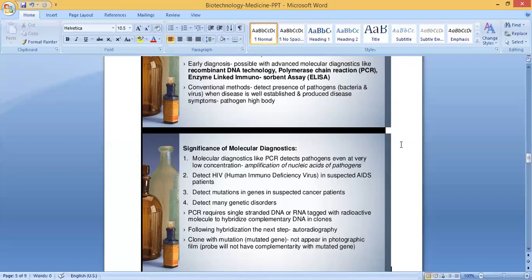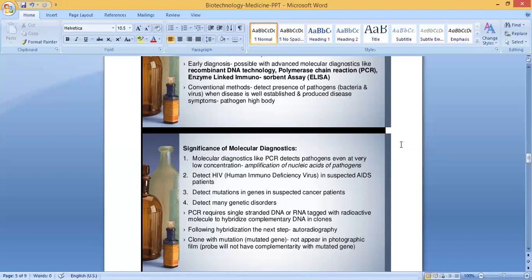Following hybridization, the next step is autoradiography. What is meant by autoradiography? It is a technique using X-ray film to visualize molecules or fragments of molecules that have been radioactively labeled.